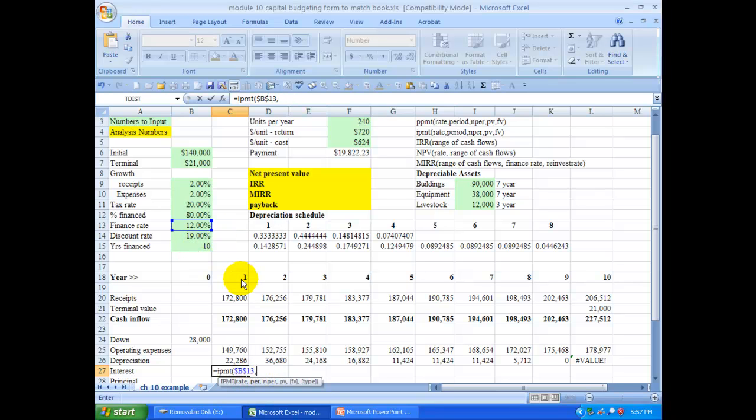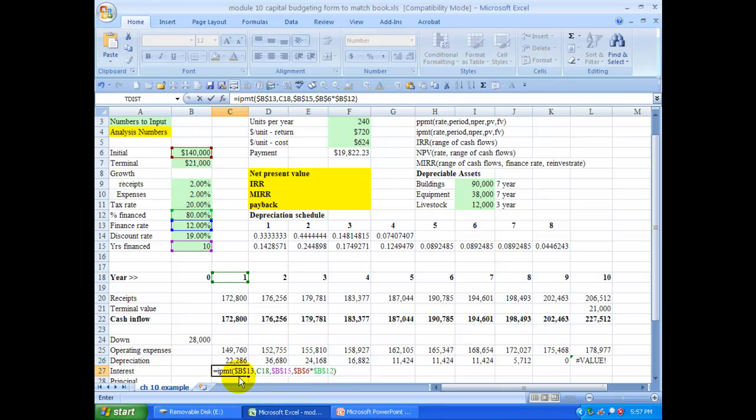So that's the payment that you're making. In this case, it's the year. Then, comma, NPER is the total number of periods, so that's the years financed, F4, comma. The present value is the amount that we financed, the initial investment, F4, multiplied by the percent financed, F4. There is no future value, so we can close parentheses.